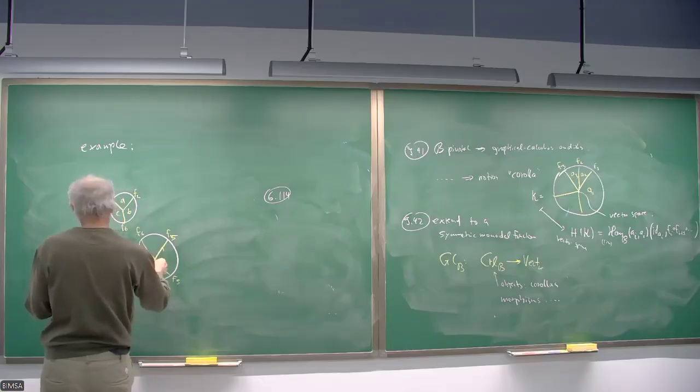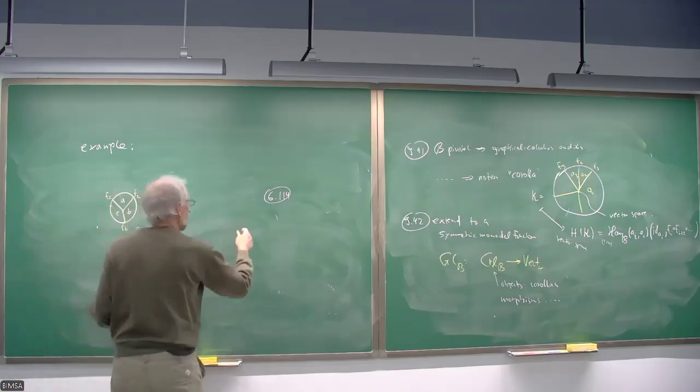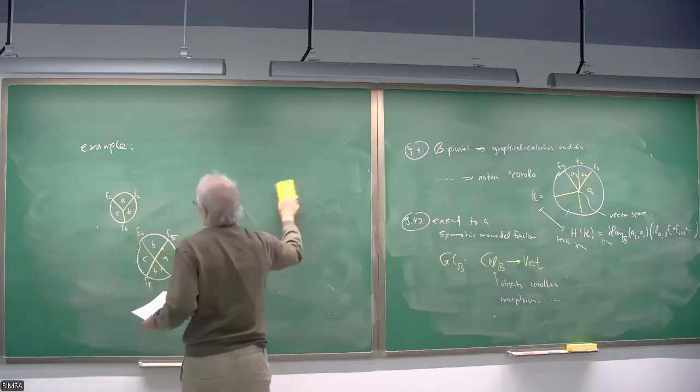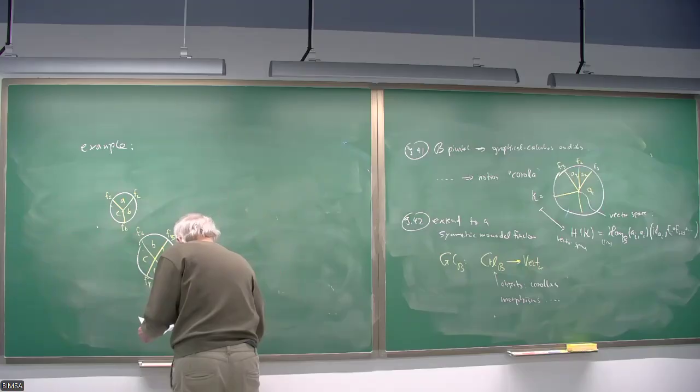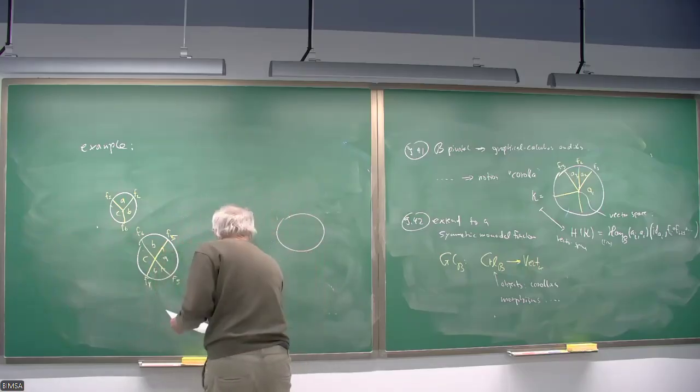And then the labels are B, C, A, and B. And you want to have a morphism of this to a corolla which looks like this.